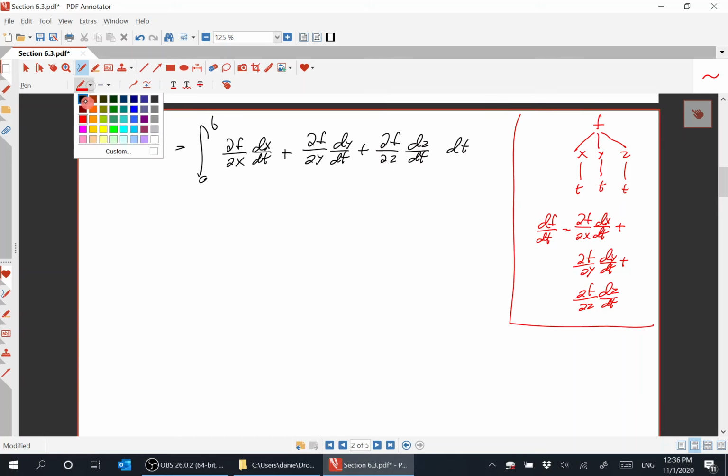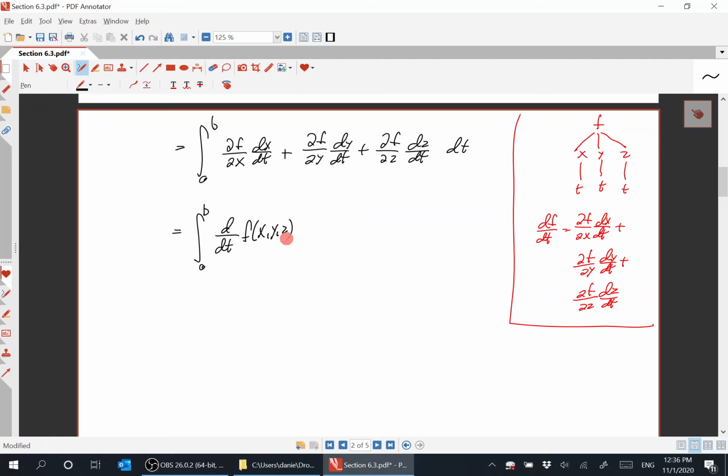And that's exactly what we have here. So this is the integral from a to b of the derivative with respect to t of that original function f of x, y, z dt.